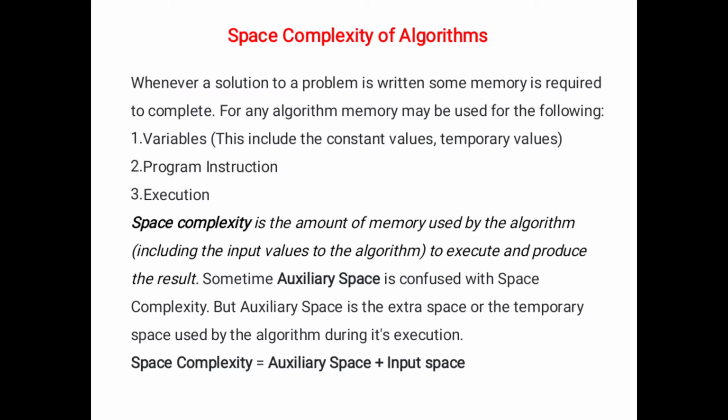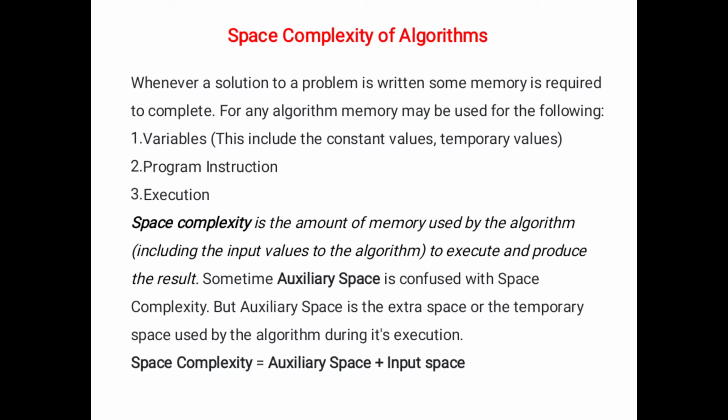Instructions contain one or more operands and operators. The operator does the action on the operands, so memory is used by the variables and the operator. Variables, meaning operands, hold a particular memory space, and the operator does the action, that means execution. The execution also needs space.